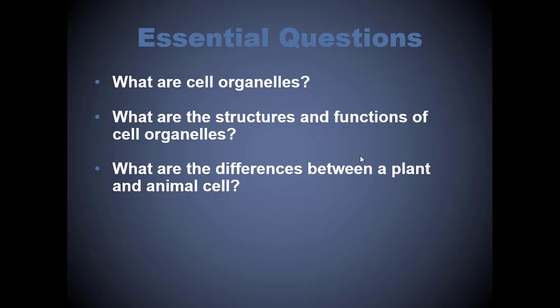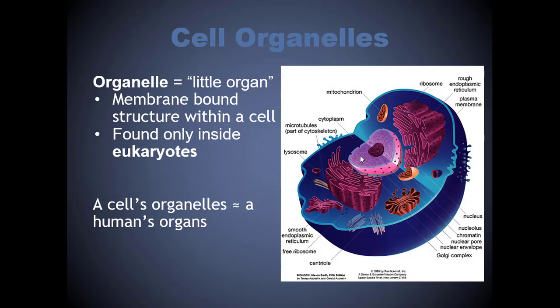All right. So what are cell organelles? Generally, organelle means little organs, membrane-bound structures within a cell, found only inside eukaryotes. So we know that prokaryotes have some of the organelles, like ribosomes, even though they are smaller.